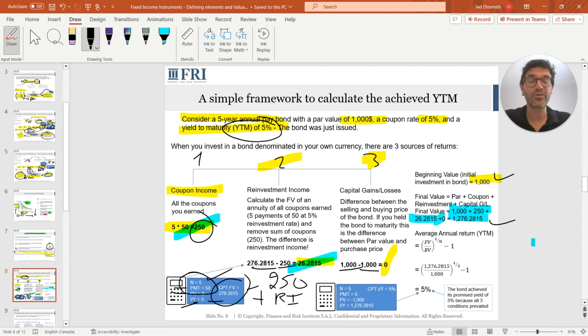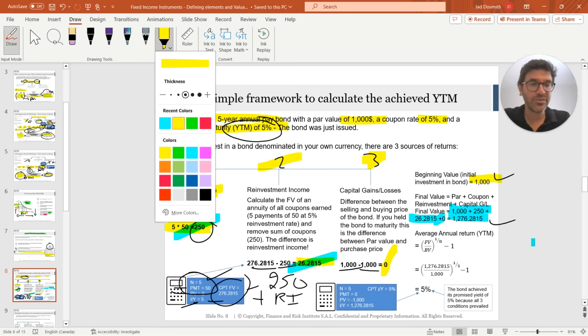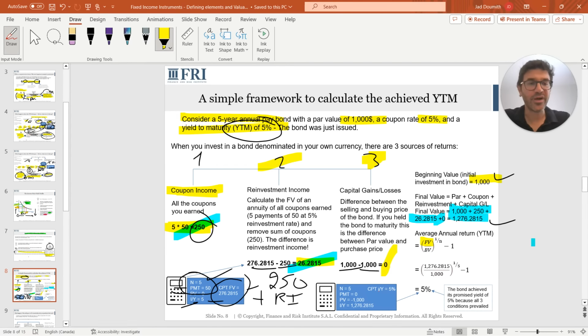Knowing that I started with 1,000 and I ended up with 1,276.2815 5 years from now, what is my average annual rate of return? That's the geometric mean. The formula would simply be final value divided by beginning value, raised to the power 1 over n, because this rate of return was achieved over 5 years.